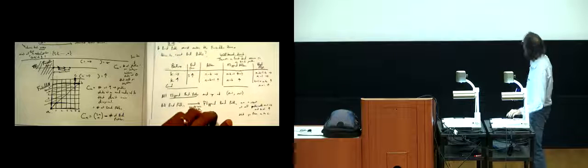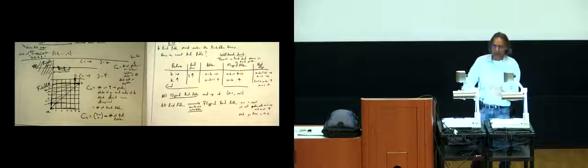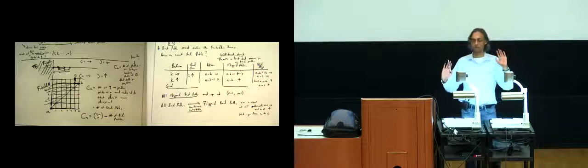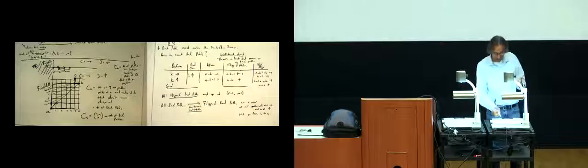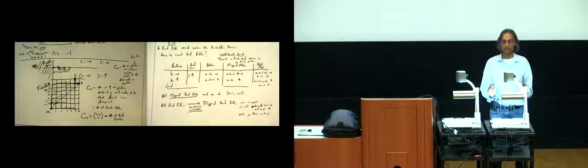That's clear, right? If I have a flipped bad path, it starts at A and ends at C. It has n minus 1 rights and n plus 1 ups. So all flipped paths are going to be some path that starts at A and ends at C. Is that clear?